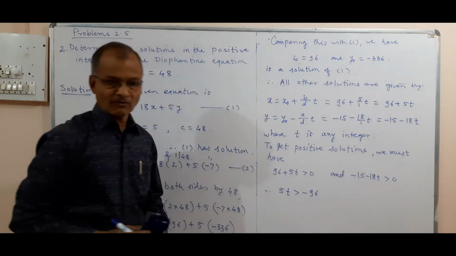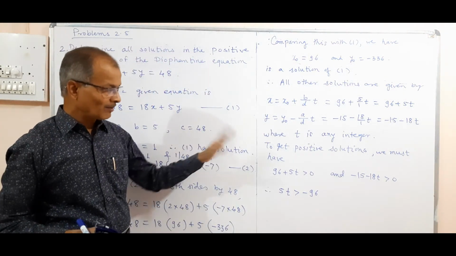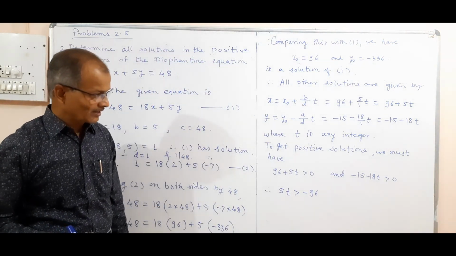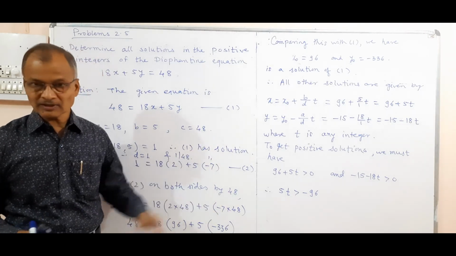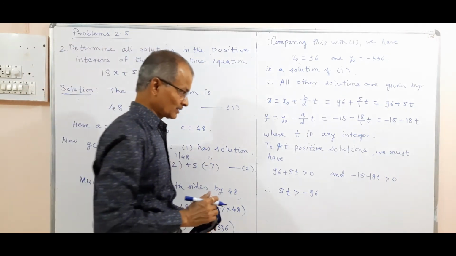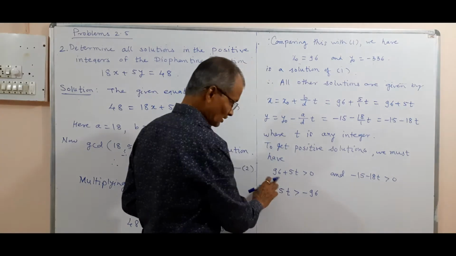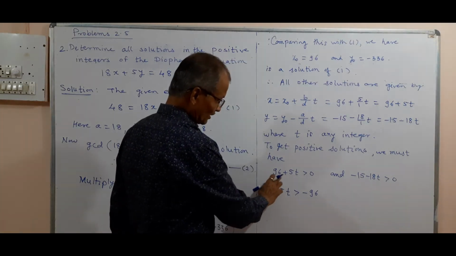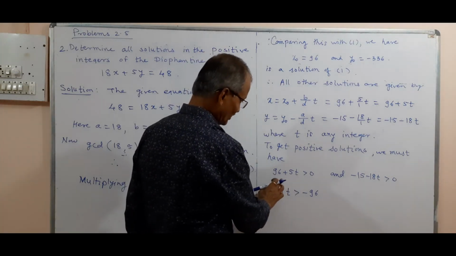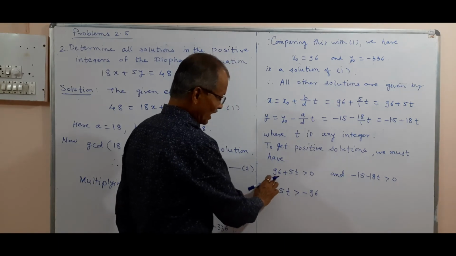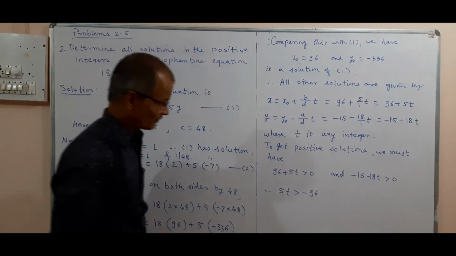You remember, whenever we solve an inequality, if you multiply both sides by a negative number, the inequality changes, or if you take the reciprocal, then also the inequality reverses. But here we have not changed the sign in this inequality. We have just added minus 96 on both sides.